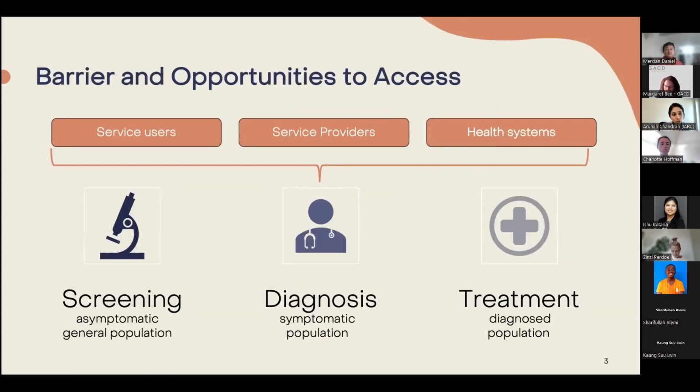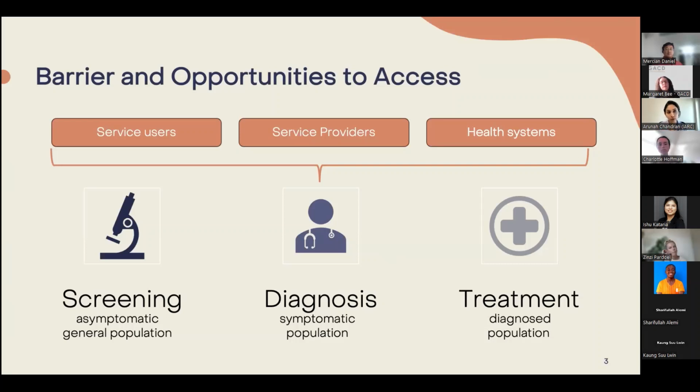And we want to do this looking into different perspectives of users of the health system, whether they're service users, service providers, or from the health system perspective. For this, we needed to develop different tools targeting the different populations. For example, we needed to develop tools that looked into the pathway of a patient who has already developed cancer and is now at diagnostic stage.